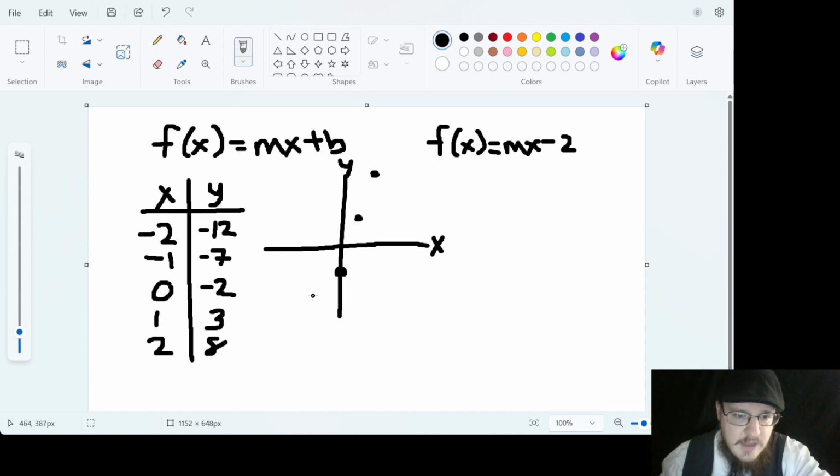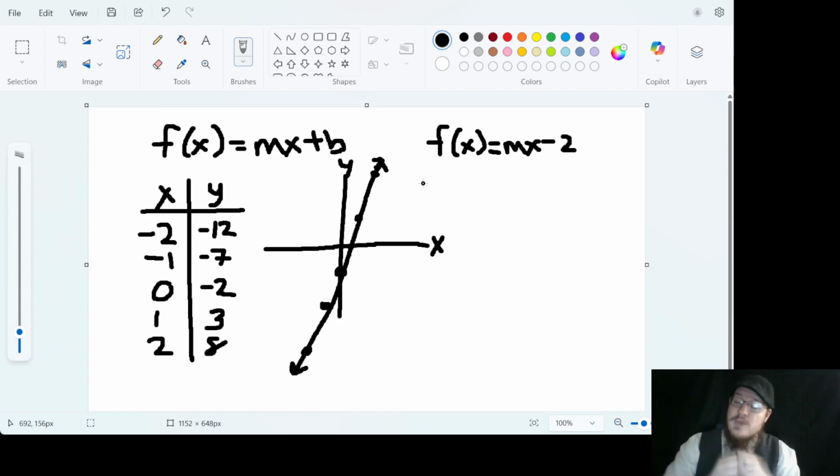And we have -1, -7, so down there, and somewhere down here for the other one. And then we connect it as best as possible. And do not forget your arrows, because unless we establish that the function ends at a certain point, this graph will go on forever in both directions. So that's a general idea of what the graph is going to look like. I know it's not the best, but it's a good visual.